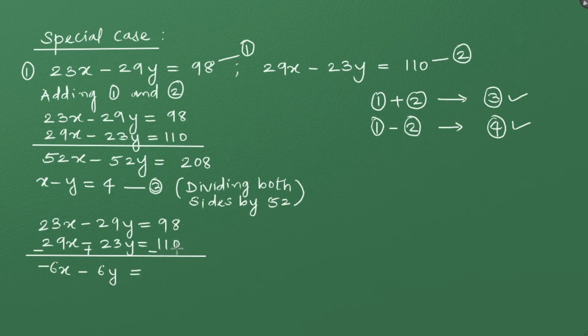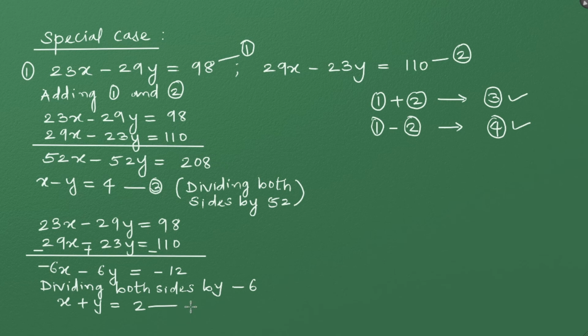And 98 minus 110 gives minus 12. Now divide this equation both the sides by minus 6. So when you divide it by minus 6, the equation obtained is x plus y equals 2. So subtracting 2 from 1 gives an equation. Mark it as equation 4.